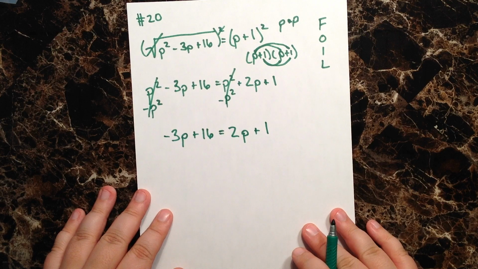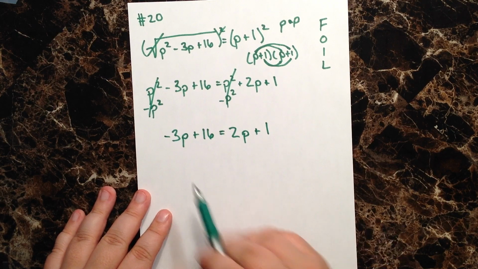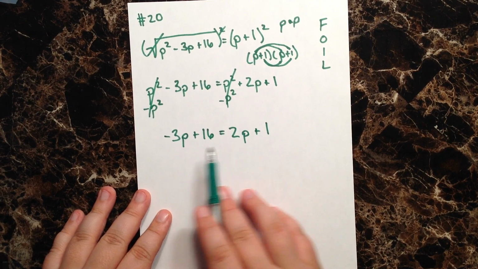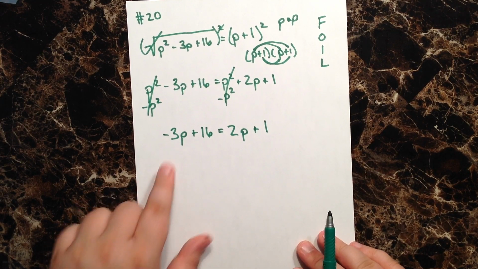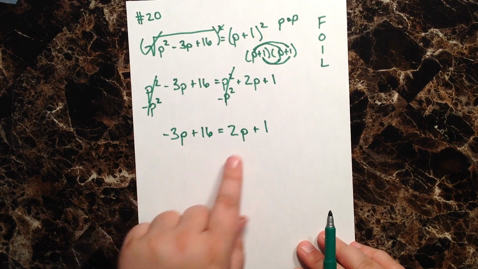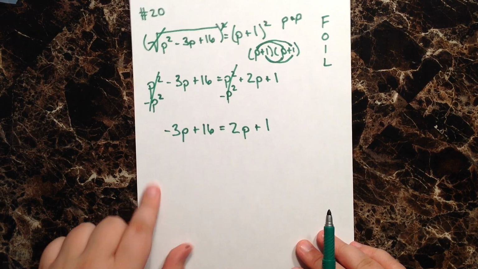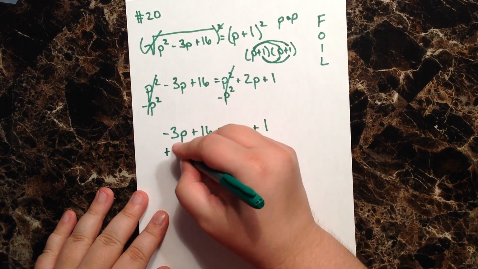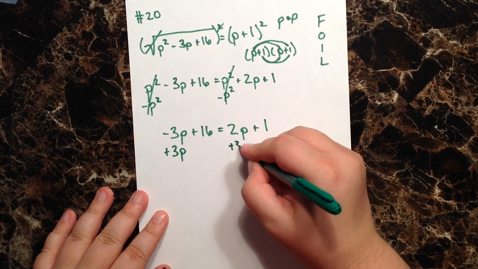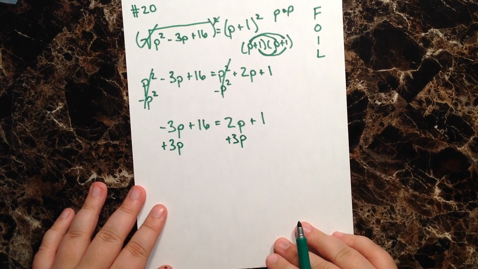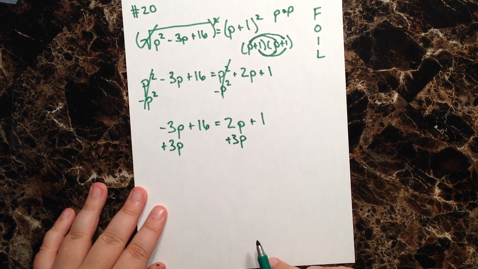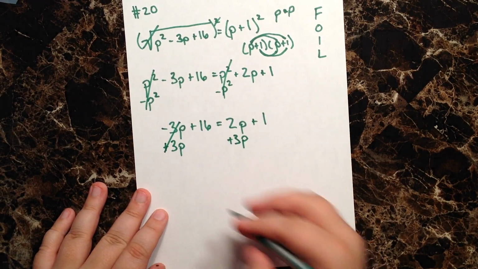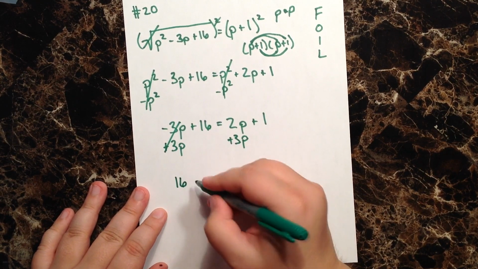Again, let's start getting our p's to one side, so I can either add 3p to both sides, or I can subtract 2p from both sides. I like to bring my smaller to my larger, and negative 3 is smaller than positive 2, so I'm going to add 3p to both sides. But if you wanted to subtract 2p from both sides, that's just as well. On the left, they cancel, and I'm left with 16.